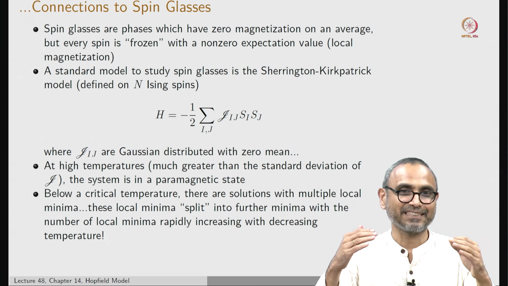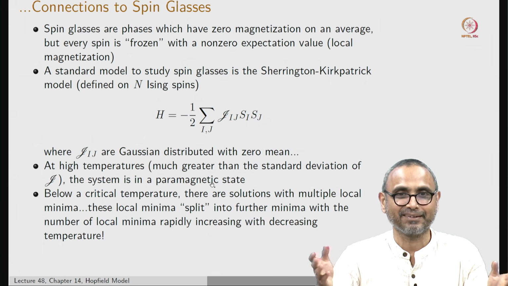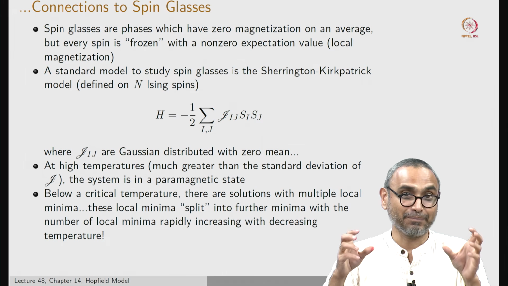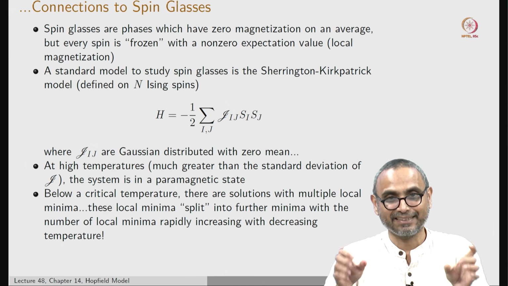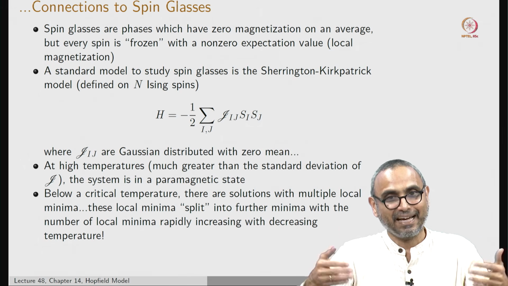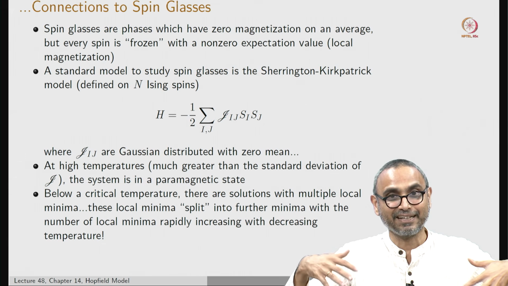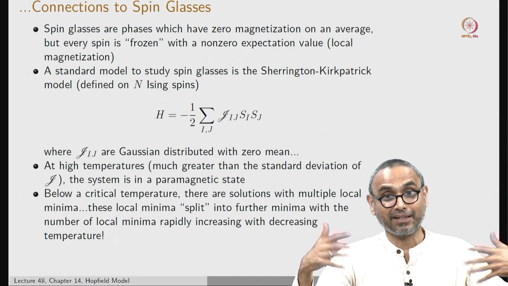So if you cool down the system, let us say this Tc were 1 in some units, then if you come to 0.9, there will be more minima. So just below Tc, let us say you have 2 minima, then those minima will split, and as you keep going down in temperature, the minima will keep splitting further, and if you go very far down in temperature, there will be a very large number of minima.